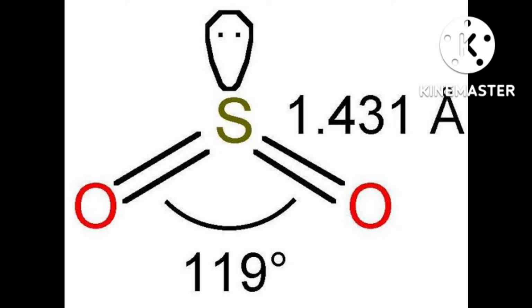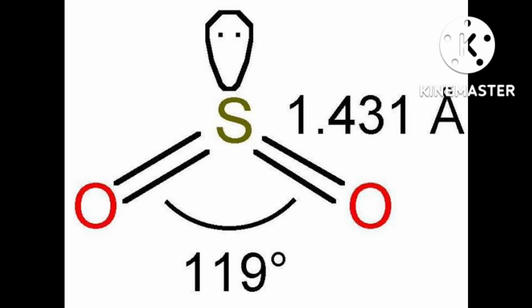In SO2, the number of bonding pair is 4 because 2 double bonds are there, with S in the middle. The number of lone pair on the sulfur atom is 1. It is simply written as SO2. Its shape is bent, B-E-N-T.